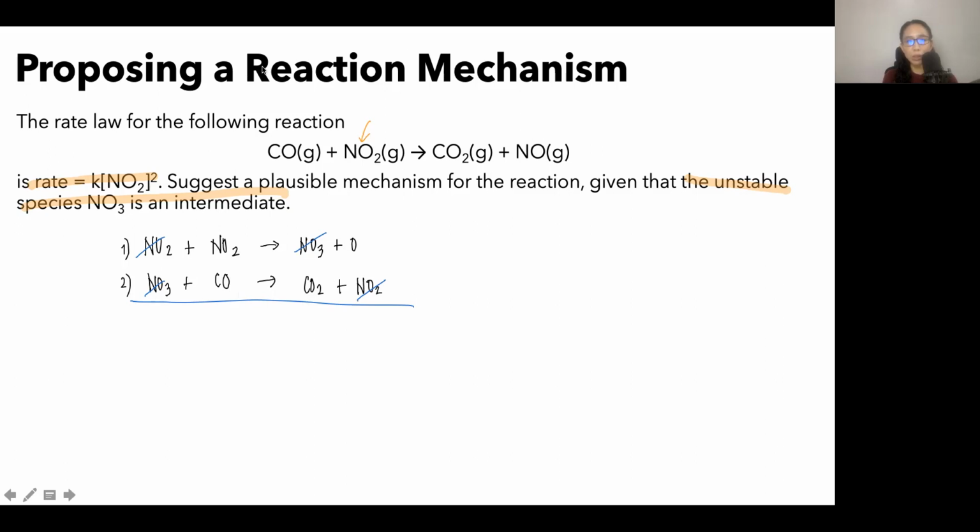Ay, sorry class, sorry. That should be CO2. Wait, ano yung nilagay ko dun? NO3. NO dapat yung product dun sa first step.